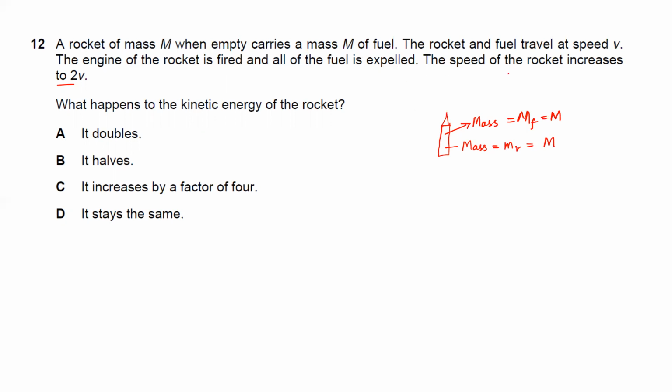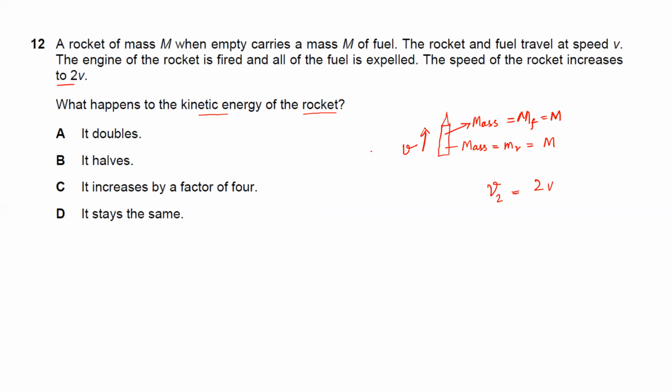And it is traveling with a velocity, or speed, v. Then the engine of the rocket is fired and all the fuel is expelled. So technically the fuel is consumed. The speed v2 is now 2v. So the new speed is 2v. And it says what happens to the kinetic energy of the rocket.